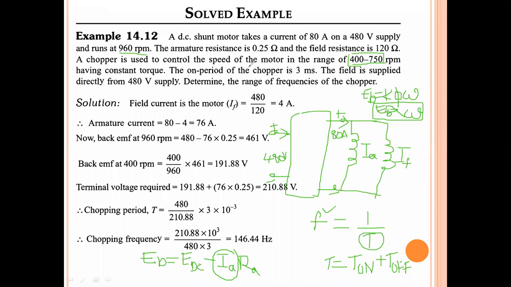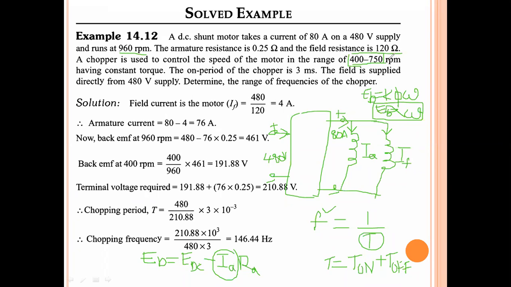But in the problem, he has given the total current, which is 80 amperes, meaning the current taken by the motor is 80 amperes. So this current is dividing into the armature circuit as well as the field circuit. In order to calculate the current IA, we must calculate IF, because we know the field resistance, which is 120 ohm.